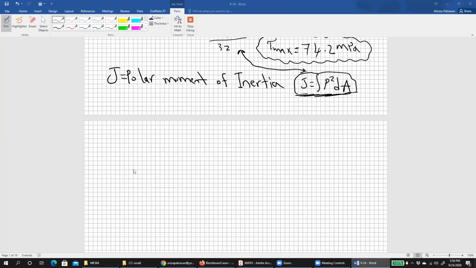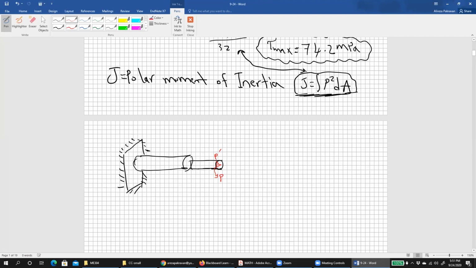So let me draw the figure again. If you have a torque here, like last lecture, in this figure, let me show you in another color, if in this section we have a point P, and then this point after applying the torque is P prime.